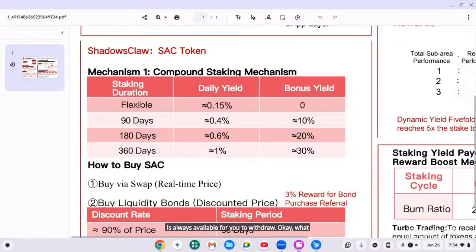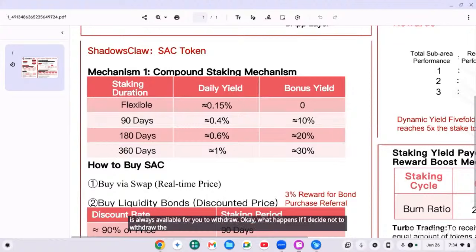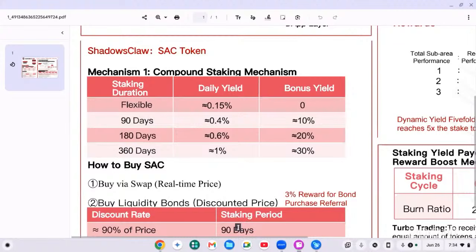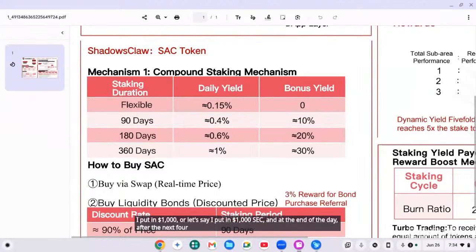Okay, what happens if I decide not to withdraw the interest as they come? That even makes it good, because the system factors that into the next round of rebase calculation, and then it compounds it. So let's say I put in 1,000 SAC, and after the next 12 hours, I receive about four tokens.